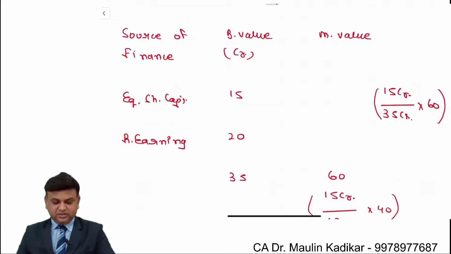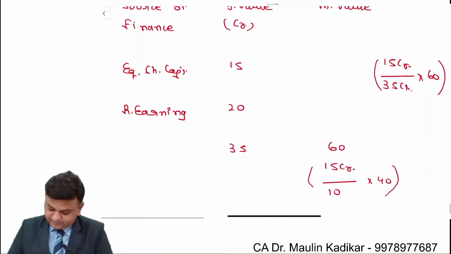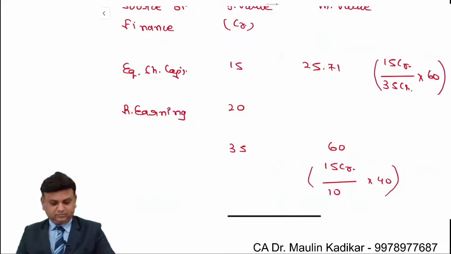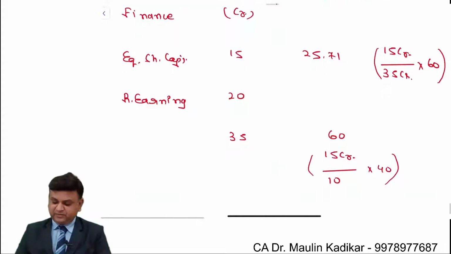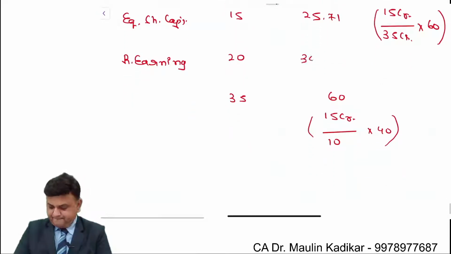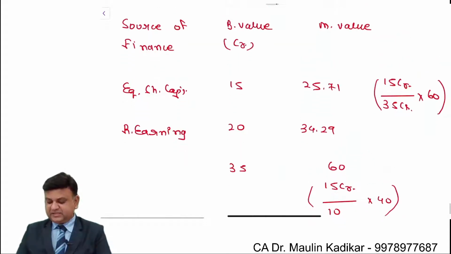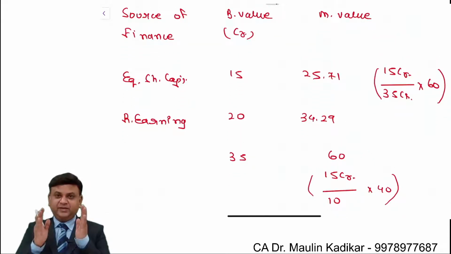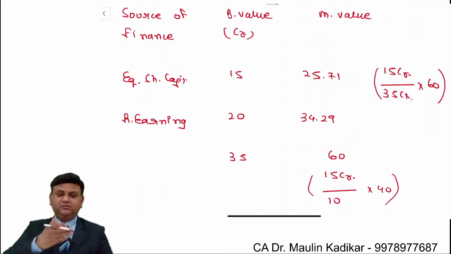So 15 into 60 divided by 35 comes to 25.7143. We can say it is 25.71, which is subtracted from 60, so it is 34.29. That is the way the market value of the equity share capital, 60 crore, will be segregated in both of them.